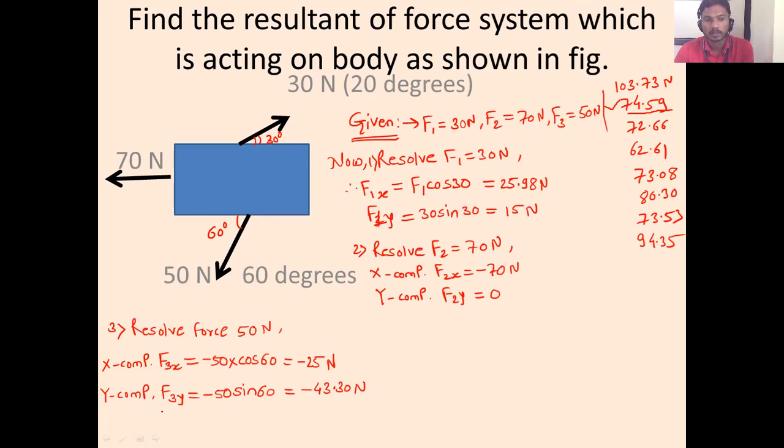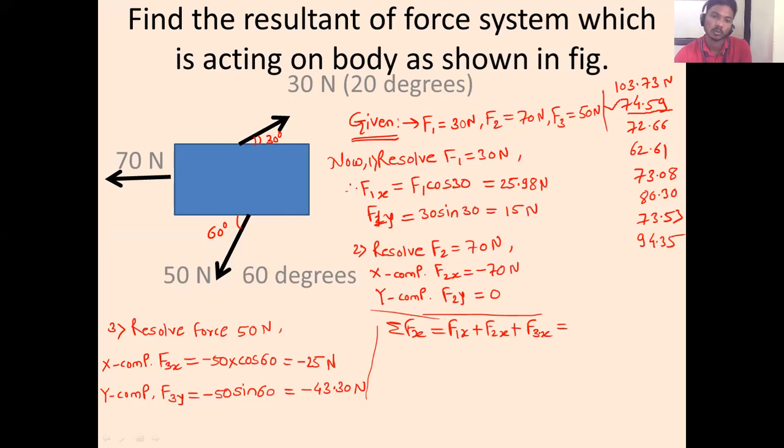Now what do we have to do? All we have calculated, only we have to go for summation of all forces. Calculate now. Summation Fx is equal to F1x plus F2x plus F3x.